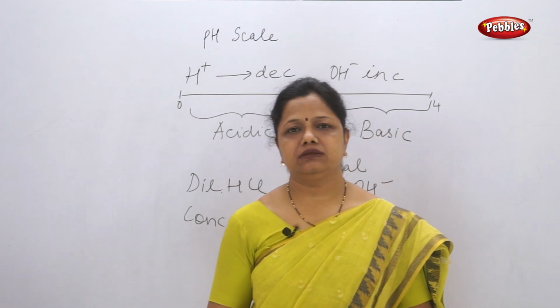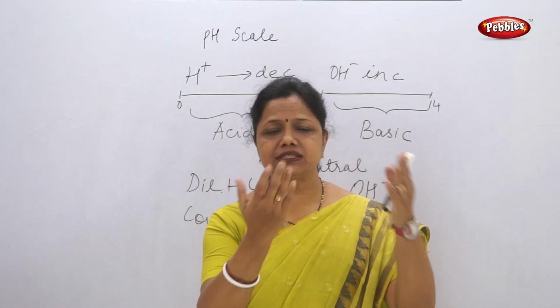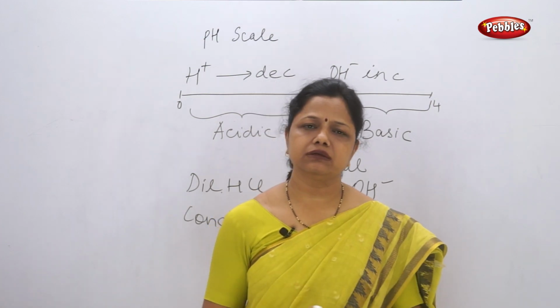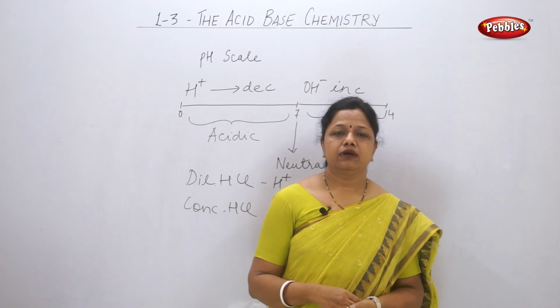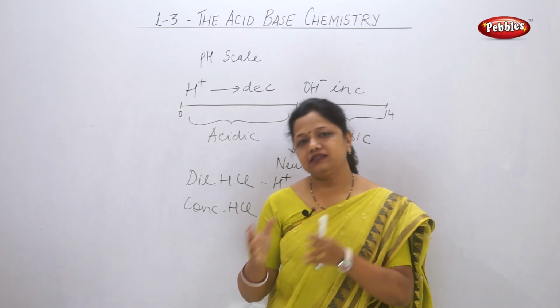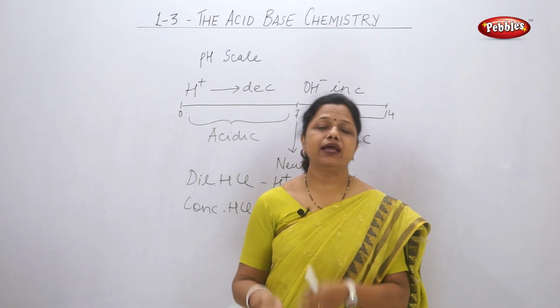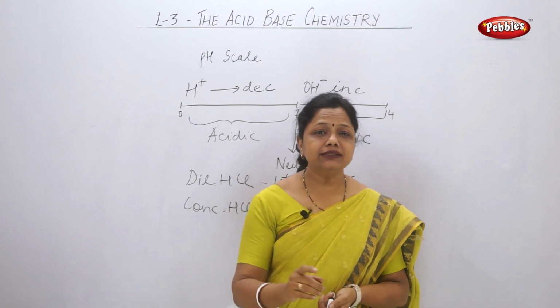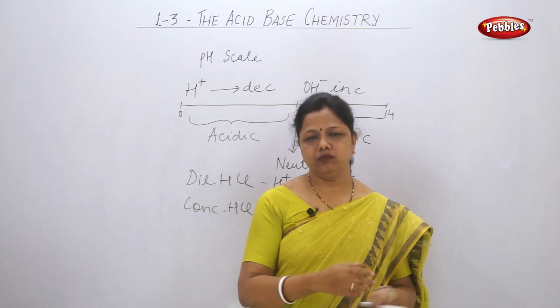What will happen if this acid rain mixes with river water, lake water, pond water? The water will turn acidic in nature, and this will affect the organisms present inside the water. Organisms can be plants and animals also.